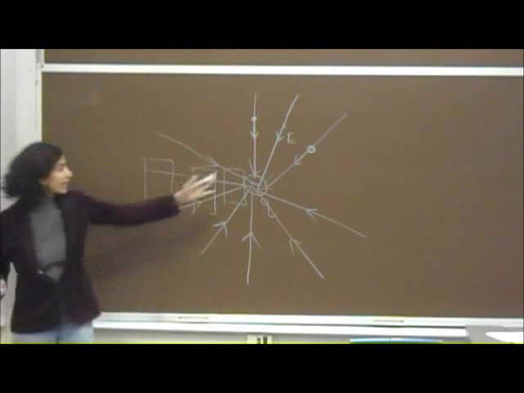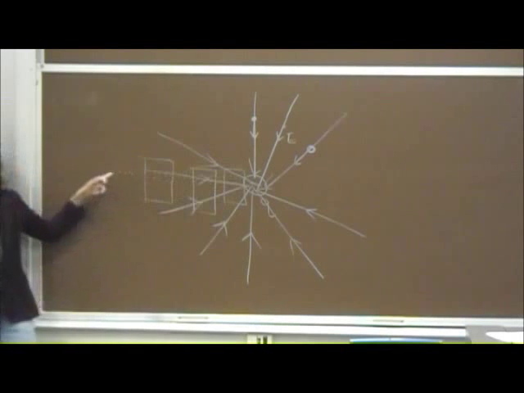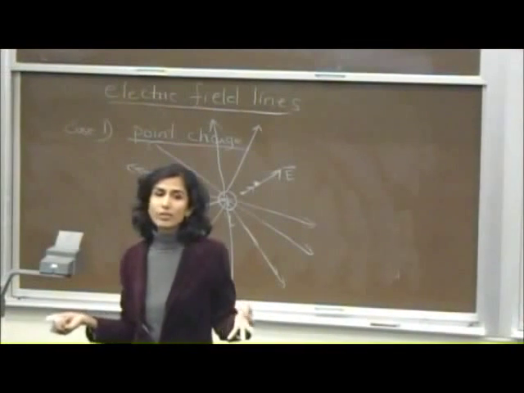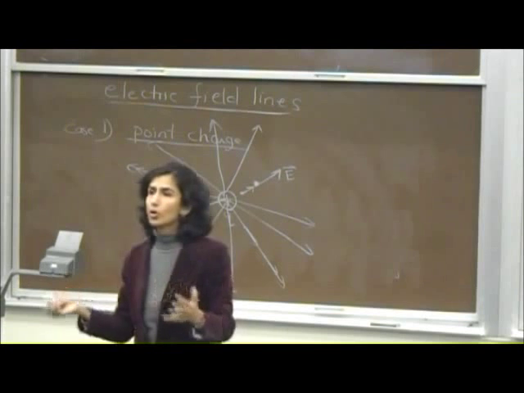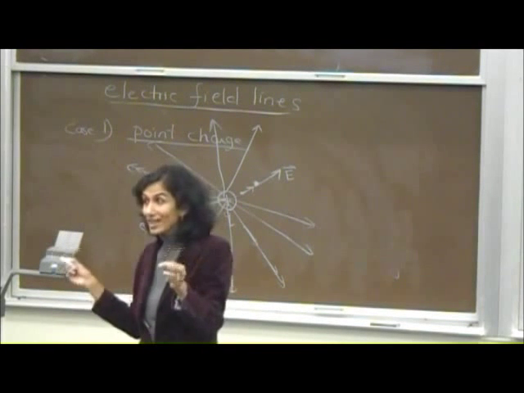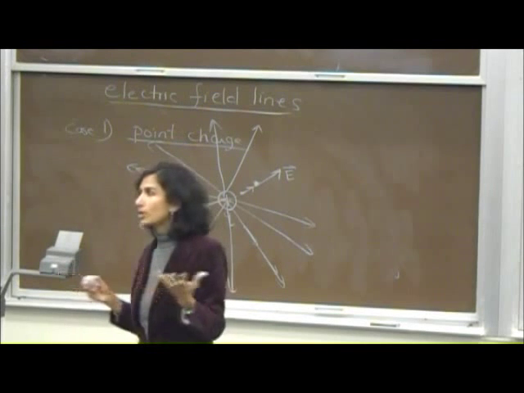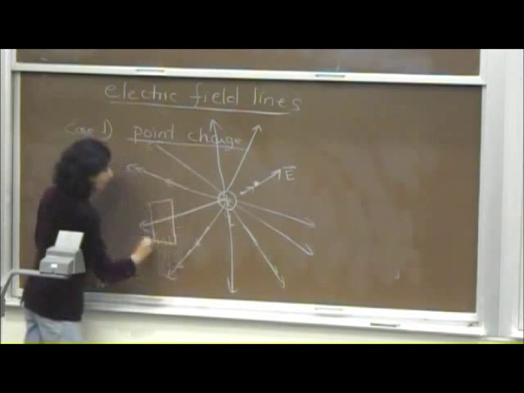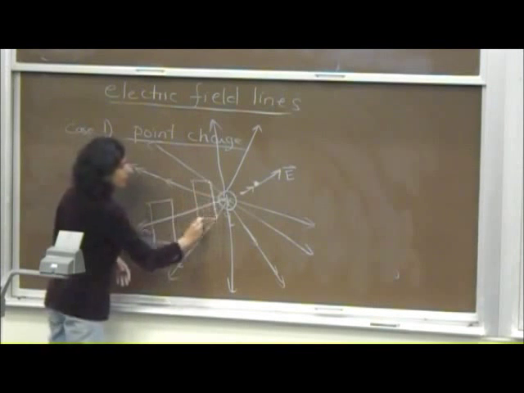That means the field is getting weaker as I go away from the negative charge. That's all you can say. You cannot say exactly what the number is. If you wanted to know the exact number, then you have to say electric field magnitude is K Q over R squared, and you need to know what that R is, to know the exact number for the magnitude. But you can roughly say the field is weaker here than it is over here.